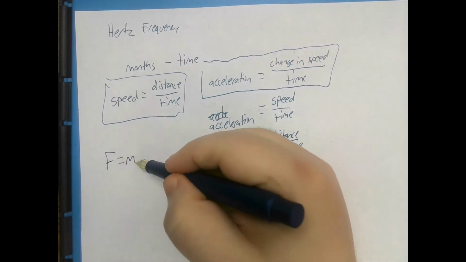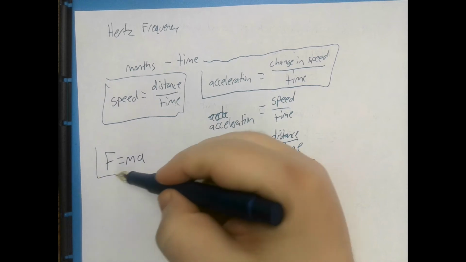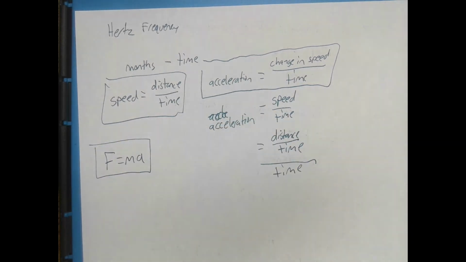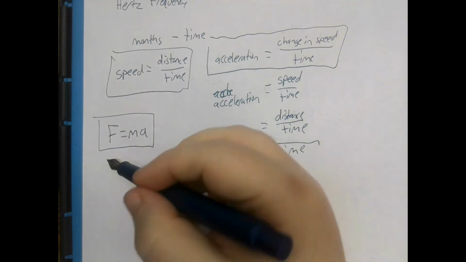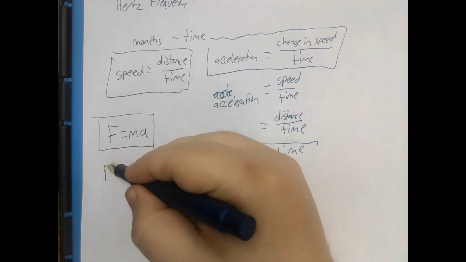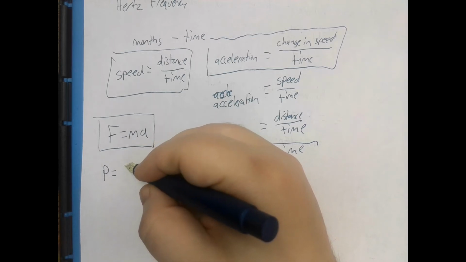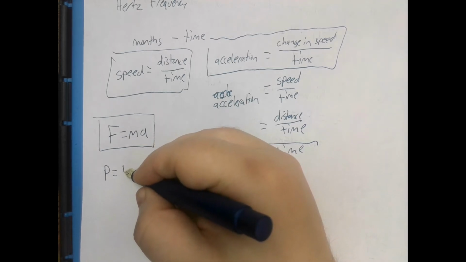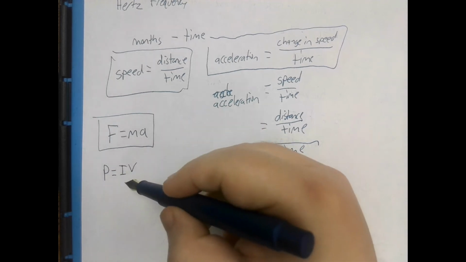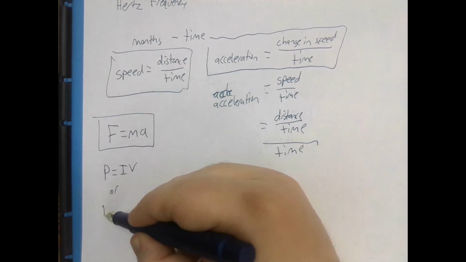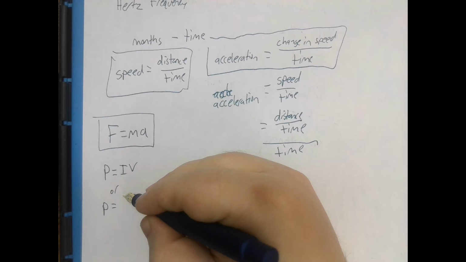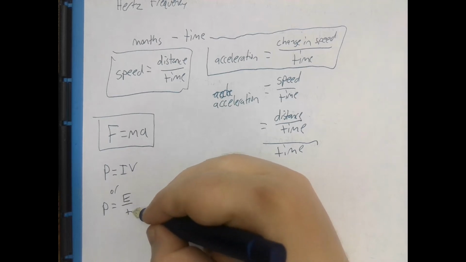Force is equal to ma, mass times acceleration. We have power. What is power equal to? Power is equal to energy over time.